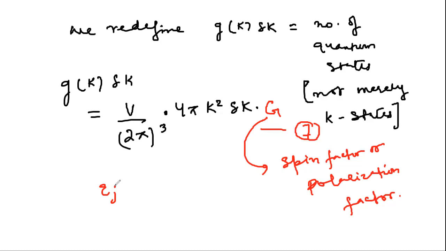Now what we do, we write another density of states. Let me write another equation. That's called G of epsilon delta epsilon. What is this? Epsilon is the energy. So it is density of states in energy.